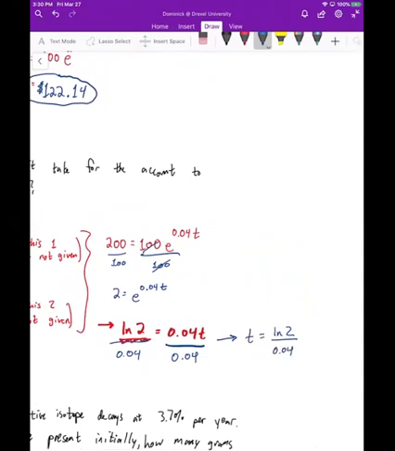And if I find that on my calculator, ln of 2 divided by 0.04, that gives me that t is roughly 17.3287. All right, so it'll take a little bit over 17 years for this account to double in value.